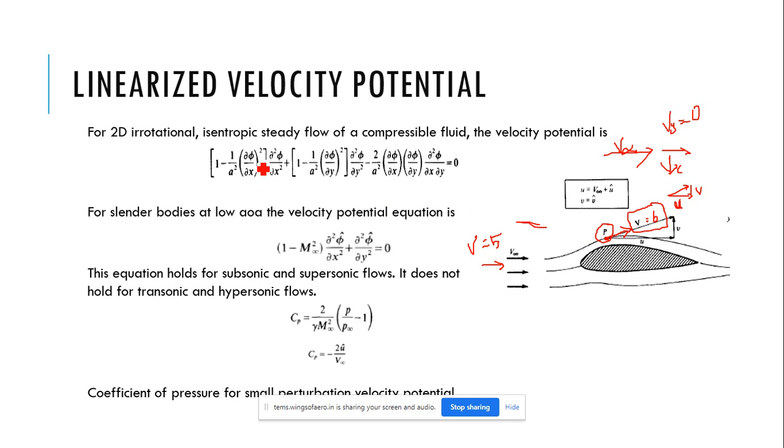Here, for the velocity potential they are considering the term as phi. This we have learned in Aerodynamics 1 in the starting itself.